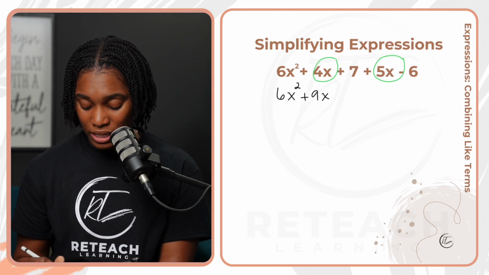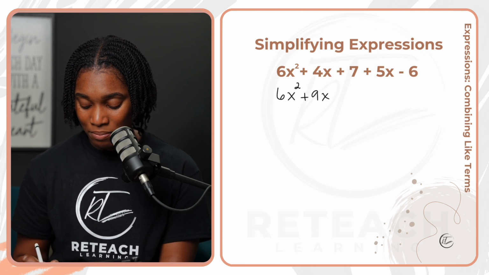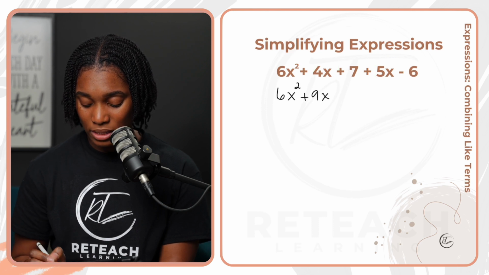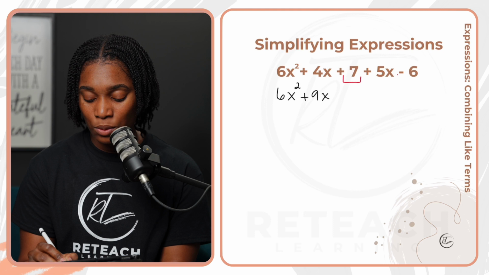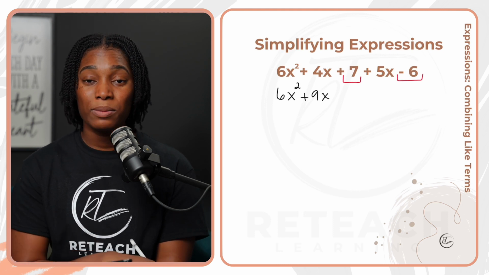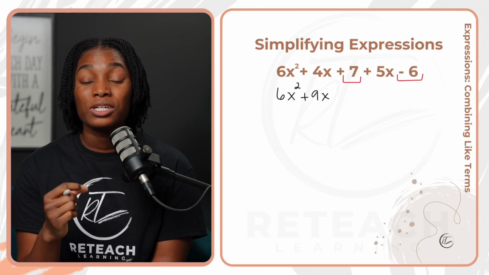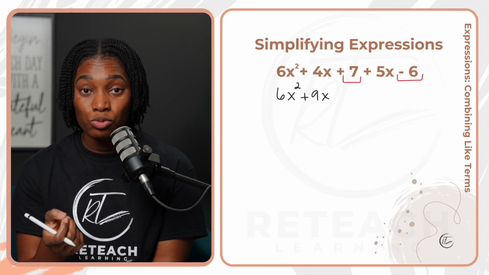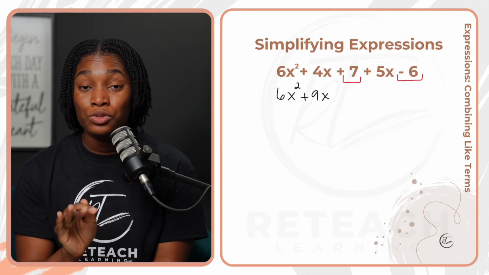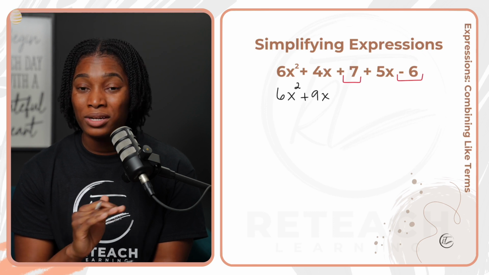Now let's take a look at the 7 and the minus 6 for a moment. So we have a plus 7 and we have a minus 6. Now the question might be, are they like terms? Well, these two numbers would be considered constants. All right. Constants, remember, are numbers that do not have a variable attached to them, do not have a letter.